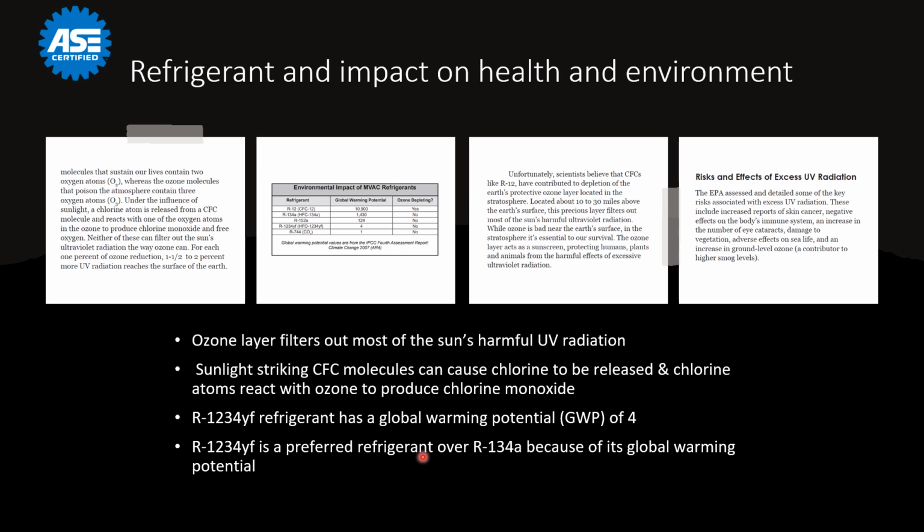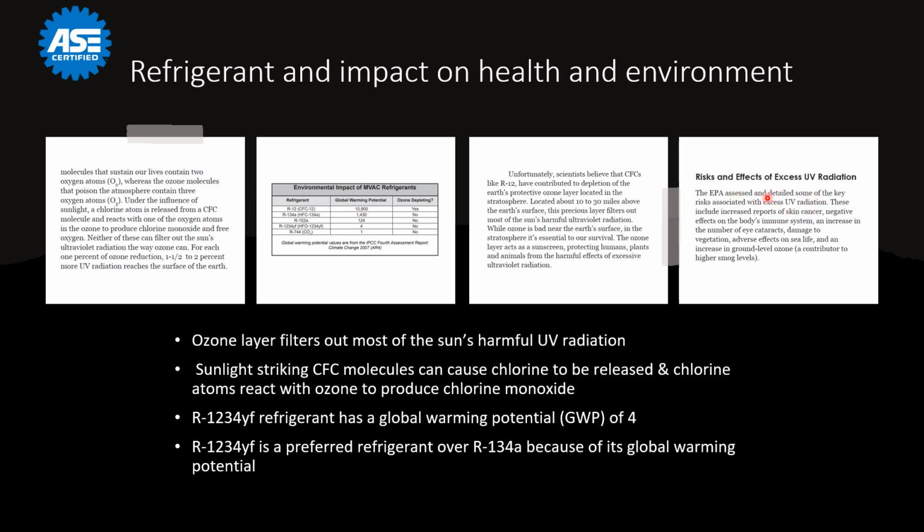So the first thing that it discusses is the ozone layer and how it's located about 10 to 30 miles above the Earth's surface, and how this layer filters out most of the sun's harmful ultraviolet radiation. And then it goes on to discuss the effects of the ultraviolet radiation, and how it can increase our chances of skin cancer.